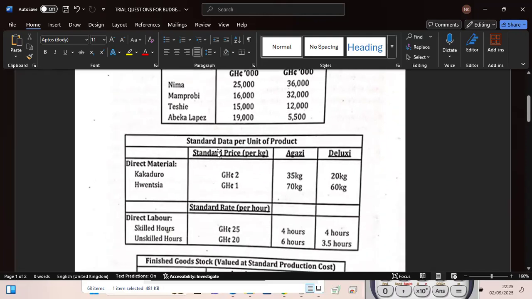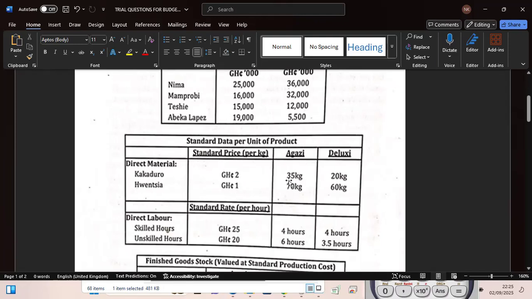And then here is the standard data per unit. So how much it costs, or the cost of material we use in producing them. So we have the direct material here, which is Kakadro and then Hentia. So Kakadro costs 2 Ghana cedis per kilogram, whilst Hentia costs 1 Ghana cedi per kilogram.